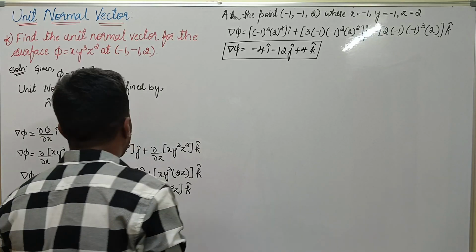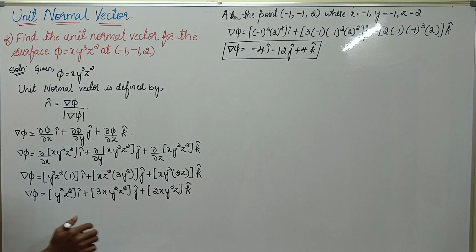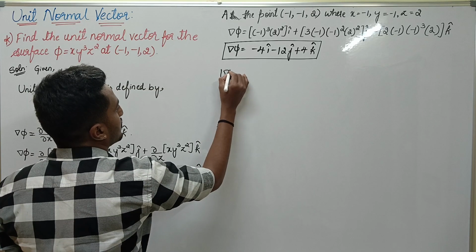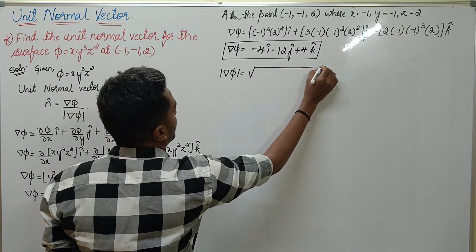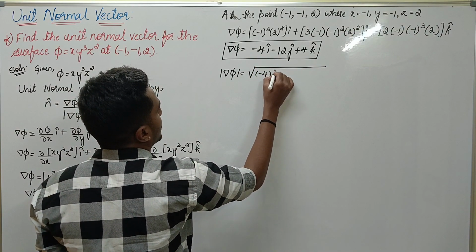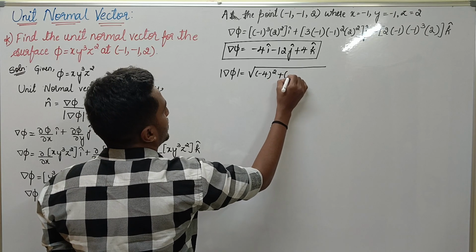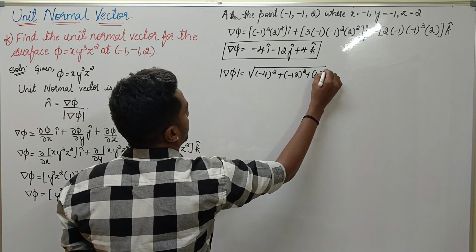Now after finding gradient phi, we are going to find modulus of gradient phi. How to find modulus of gradient phi? Modulus of gradient phi is defined as the square root of the squares of these terms, that is minus 4 whole square plus minus 12 whole square plus 4 square.